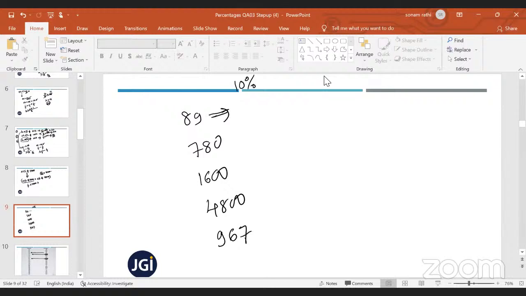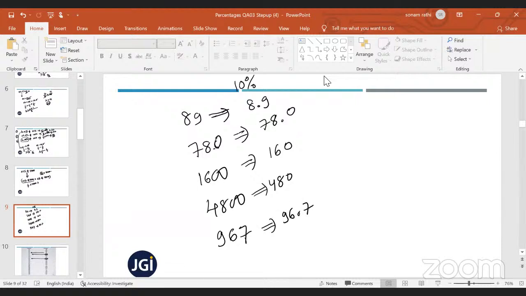You just put one decimal from the right-hand side, so 8.9. 780 will become 78. Just take the last digit and put a decimal there. So this will become 160, this will become 480, this will become 96.7. This is how you calculate 10% of any number.